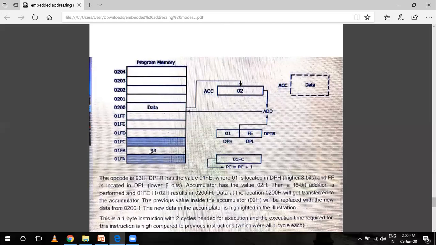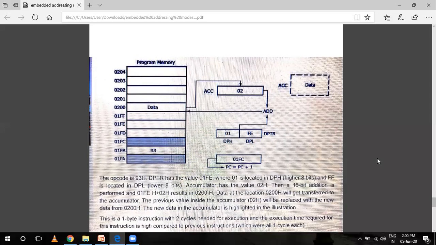So at the location, the opcode is 93. This one is an opcode. DPTR has a value of 01FE. This is 01 located in DPH, and FE is in DPL, the lower 8-bit and higher 8-bit, and the accumulator has a value of 02H.